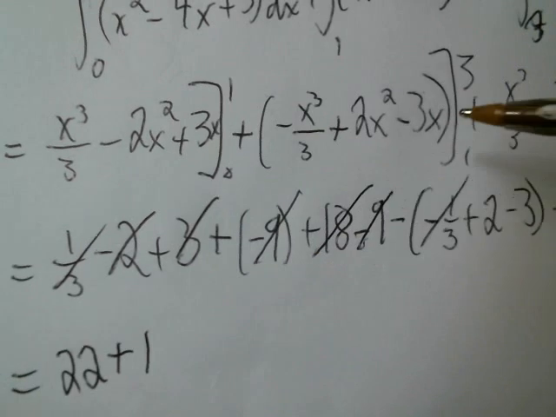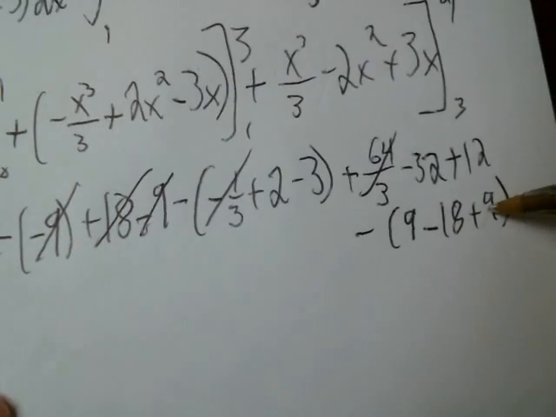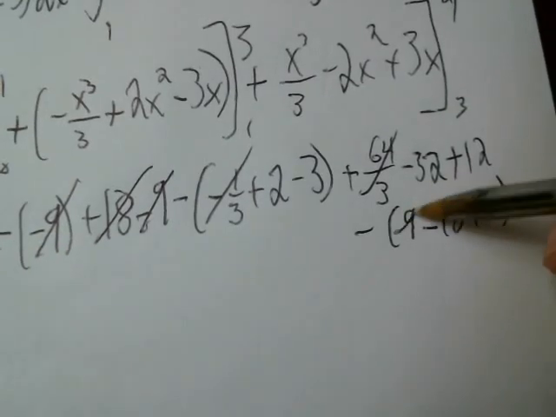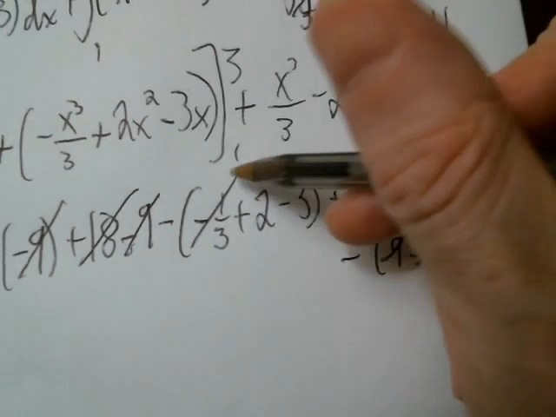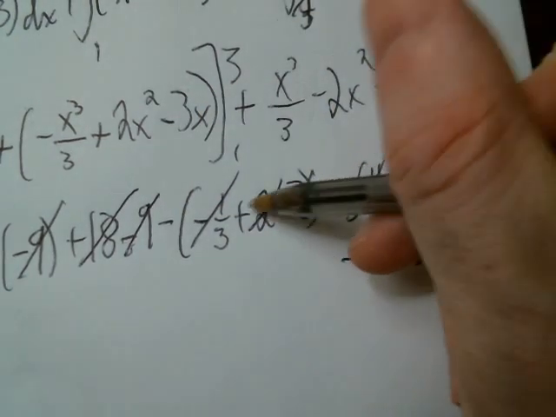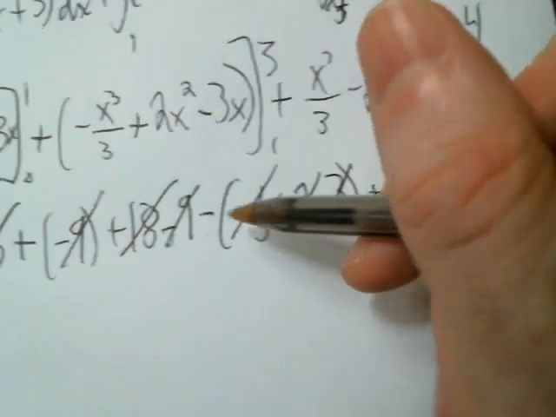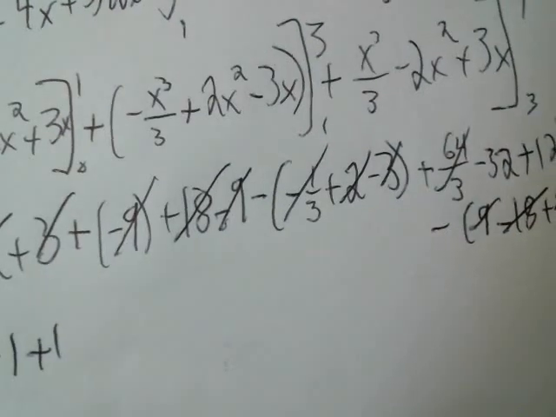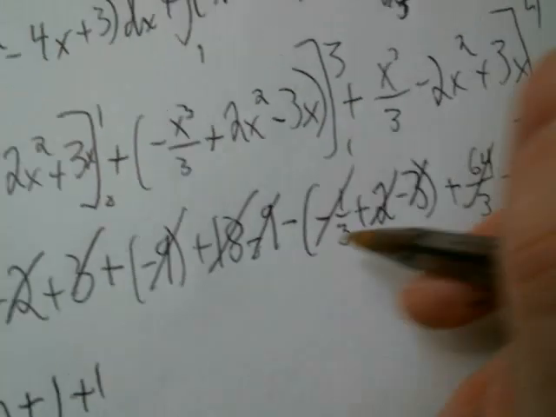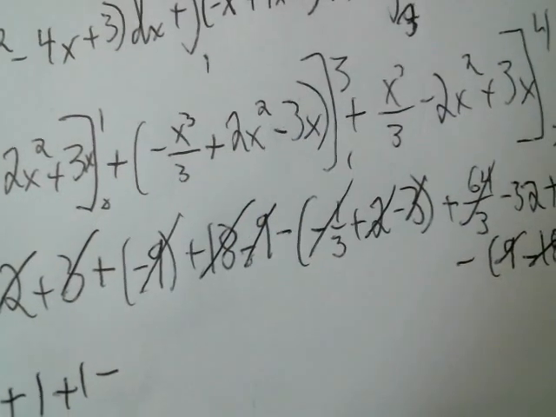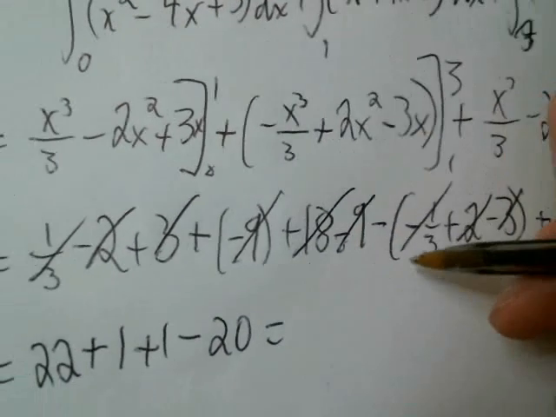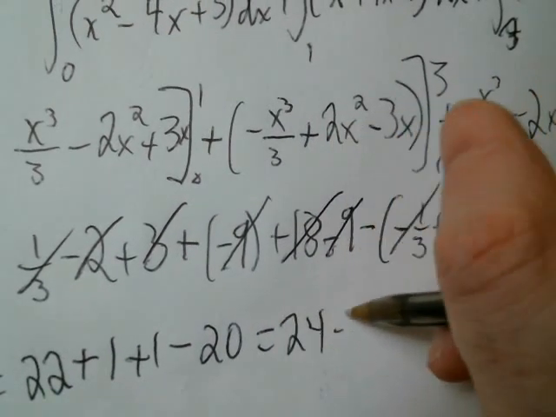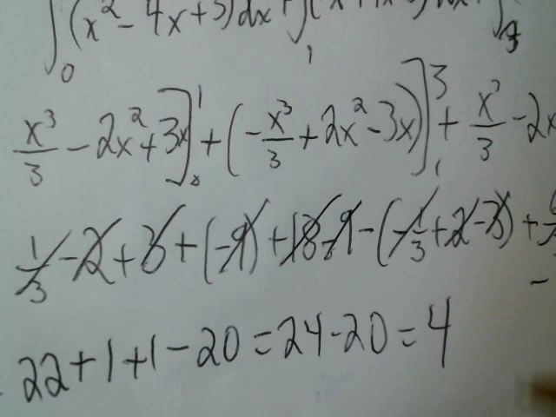Negative 18 plus 18 is 0. I wonder if that works the same way down here: 18 minus 18 is 0. And then we have 2 minus 3 is negative 1, but then minus a negative 1 is plus 1. And then negative 32 plus 12 is negative 20. Okay, so we have 22, 23, 24 minus 20 equals 4.